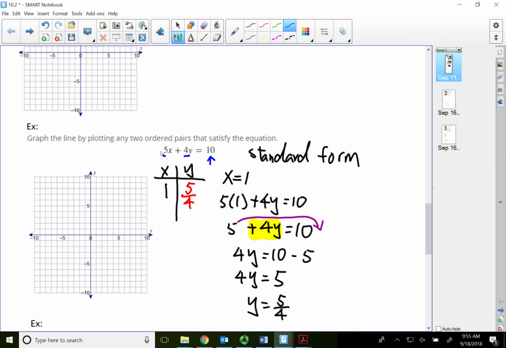The number in front of x, 5, can go into 10. That means I will choose for y. And what number do I need to choose for y? Anything that will be divisible by 5. Because earlier, when I chose a number for x, that means I would end up dividing by 4 on the last step.